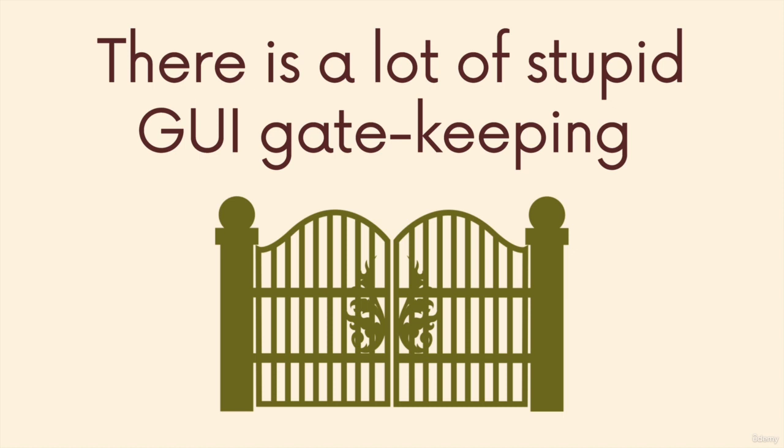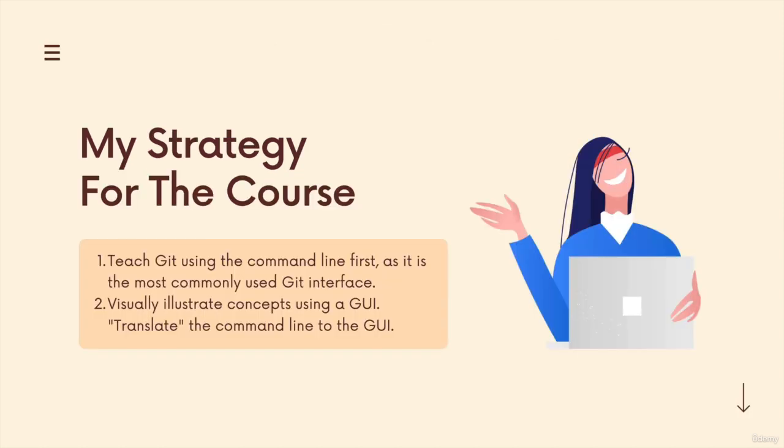Unfortunately, there's a lot of gatekeeping around people using GUIs, that it's somehow lesser or you're not really using Git. It's BS, in my opinion. We will be using both in this course, not side by side, but rather I will be teaching using the command line. That's really the assumed way of interacting with Git still to this day. If you have plans on being a developer, if you are a developer already, command line is just part of that package.